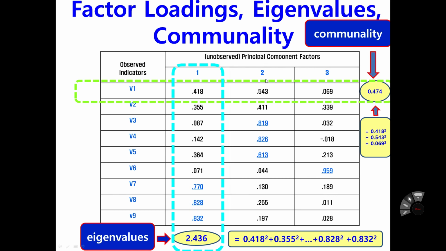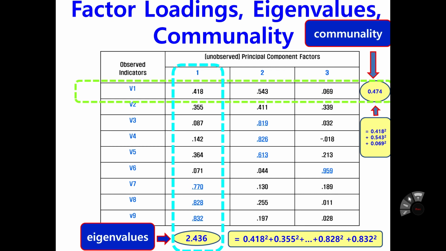In order to do that, you summate all squared factor loadings corresponding to the second factor column-wise, and then you will get the eigenvalue. In the same way, we can calculate the eigenvalue of the third extracted factor. Okay, that's the eigenvalues: column-wise summation of squared factor loadings.